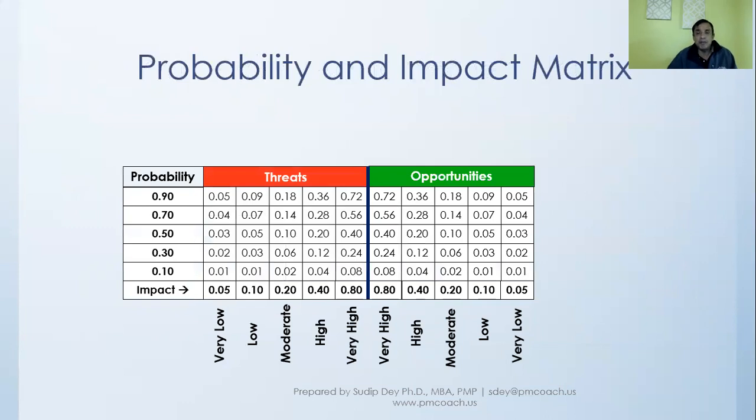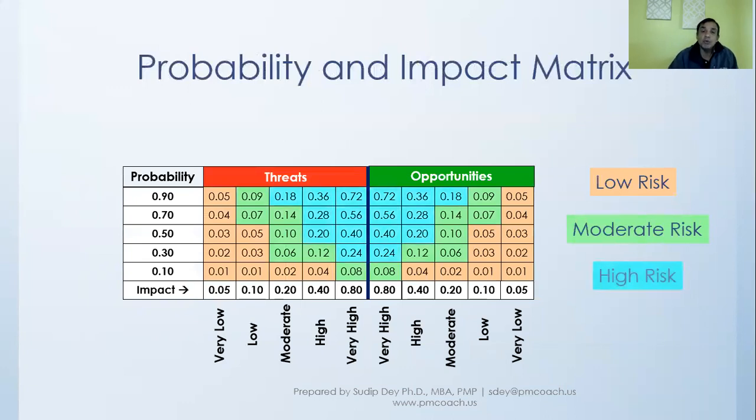Now, once we have that probability and impact matrix, we will go ahead and say that if the score is 0.05 or less, then it is low risk. If it is more than 0.05 and equal to or less than 0.4, then it's moderate risk.